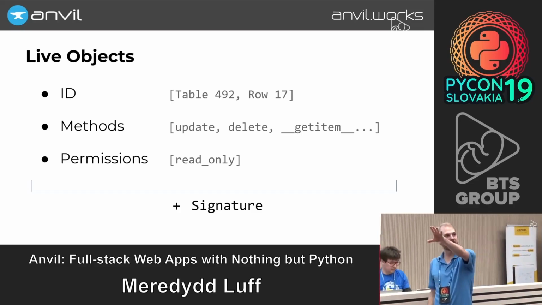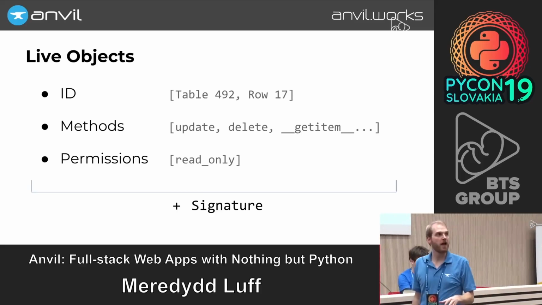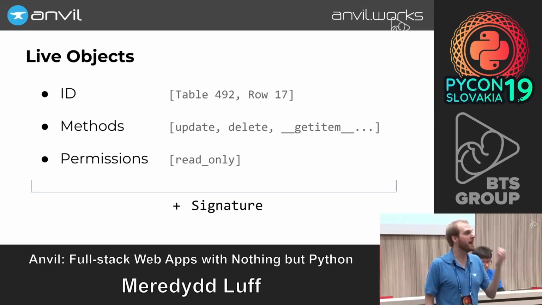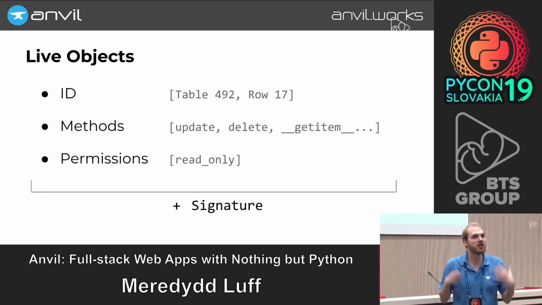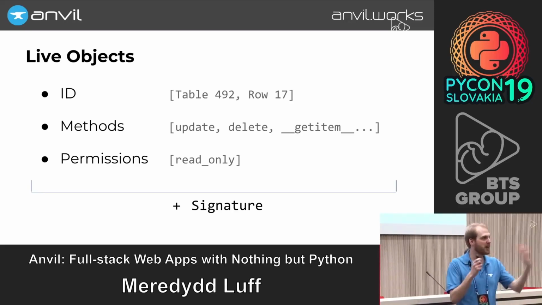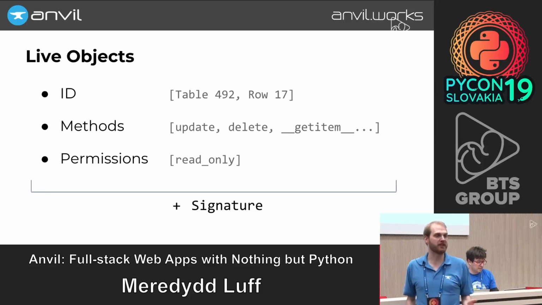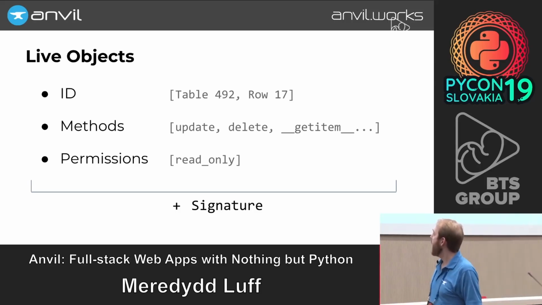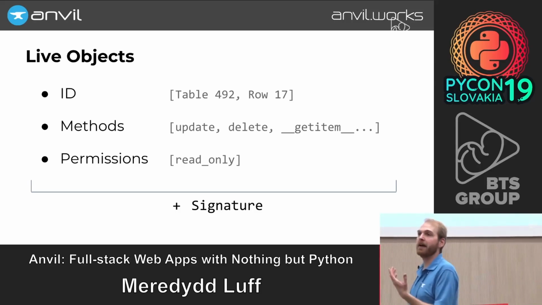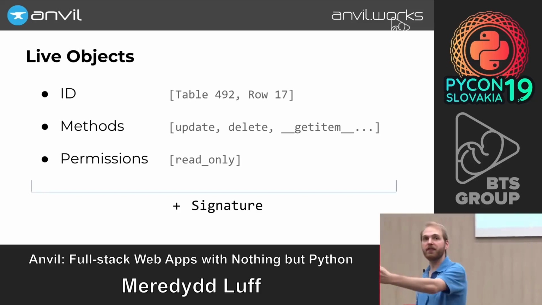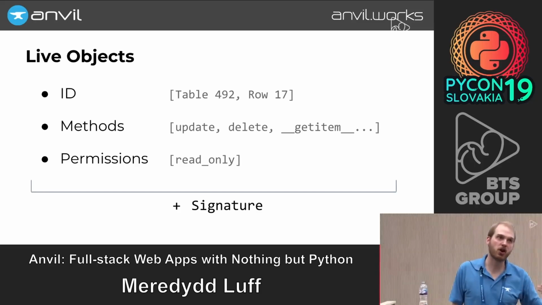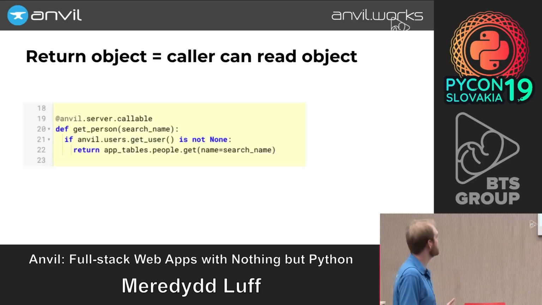And when the client passes a live object back to the server, we can check the signature. If the signature matches, then we know that must have been an object we gave it, because if it didn't come from us, the signature wouldn't be right. It's non-forgeable, we say. And so this means that we can safely give these things to the client, have them passed back, and trust what the client is giving us.